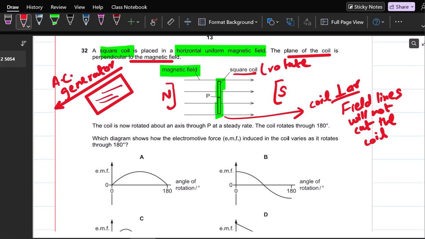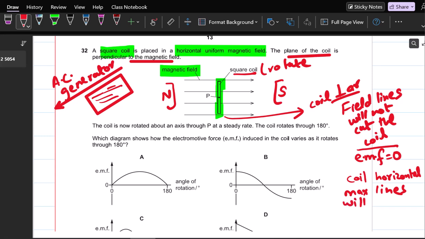If field lines will not cut the coil, तो बेटे ईएमएफ क्या होना चाहिए, EMF will be zero. और जब कॉइल horizontal होगा, when the coil is horizontal, maximum lines will cut, तो ईएमएफ क्या होगा, maximum EMF will be there.